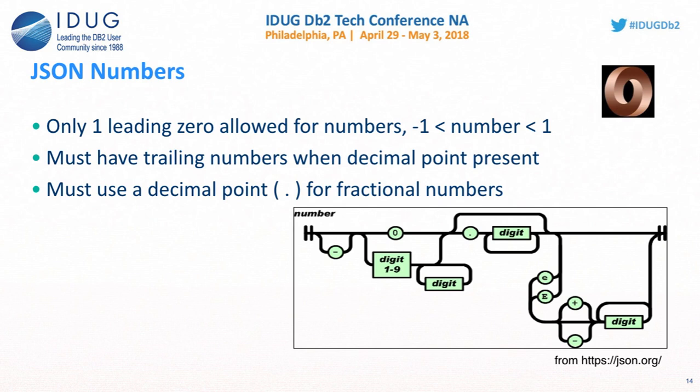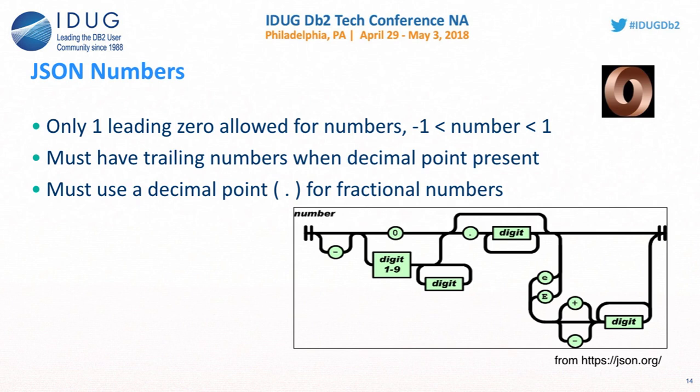When you have a decimal point on your number, you have to have something behind it, which again, if you've got a 4 in a DB2 decimal field, if it's a decimal 5 and you've got a value of 4 in it, you're actually going to get a couple zeros in front, a 4, and a decimal point. And JSON will choke on that.